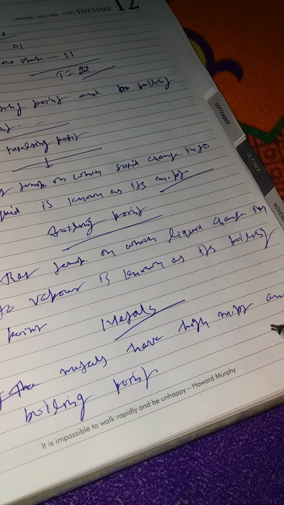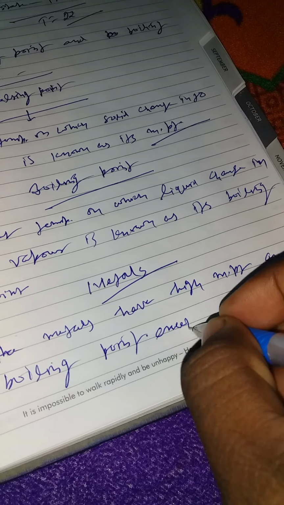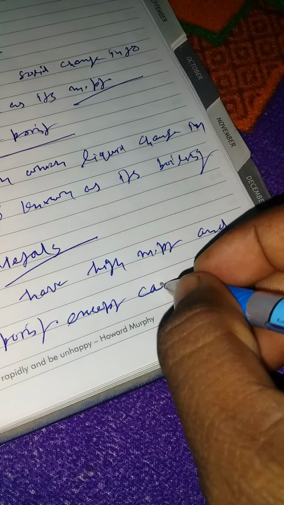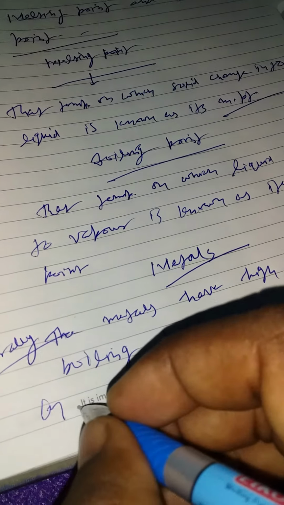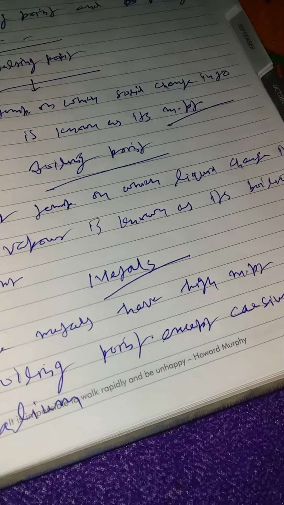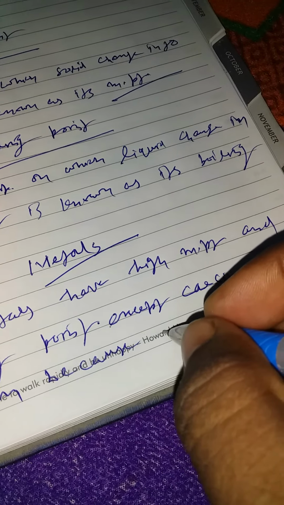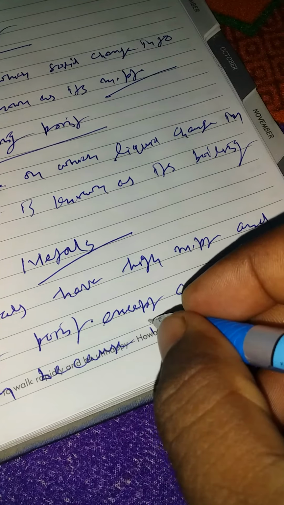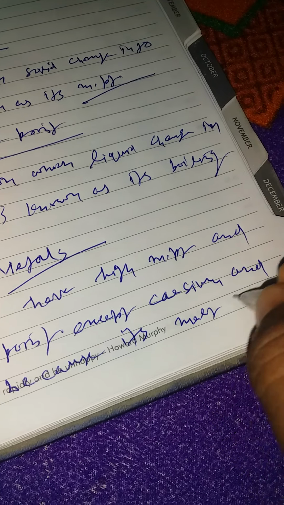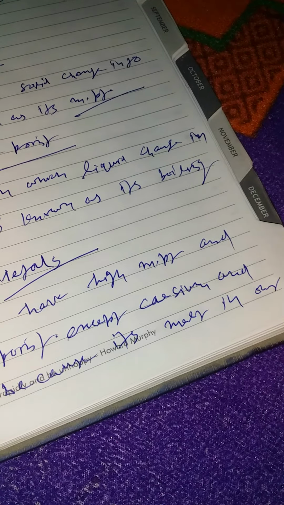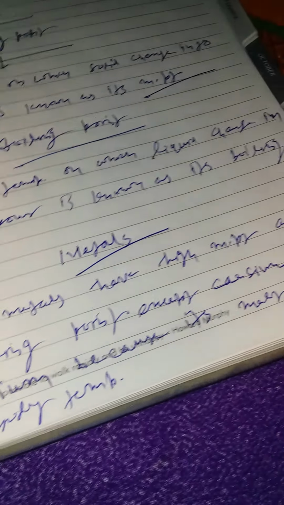The metals have high melting point and boiling point, except cesium and gallium, because these melt at our body temperature.